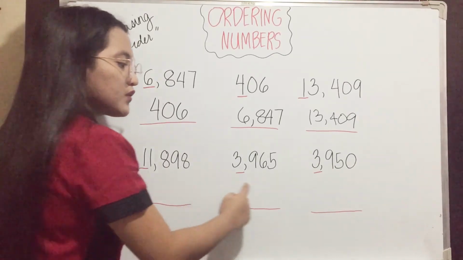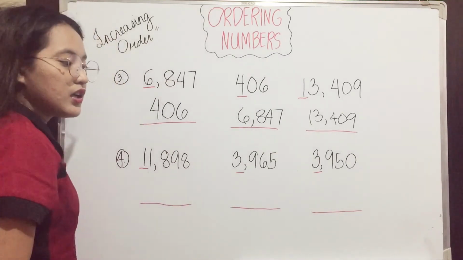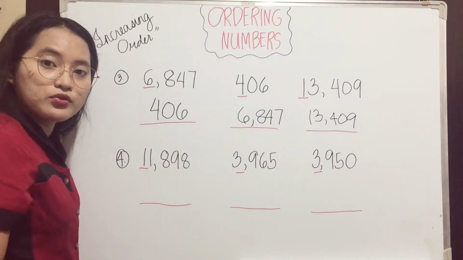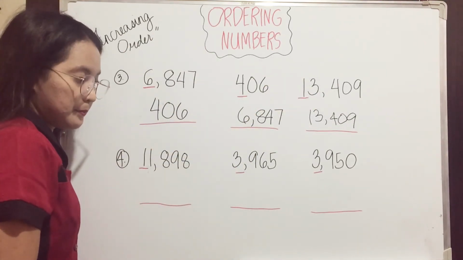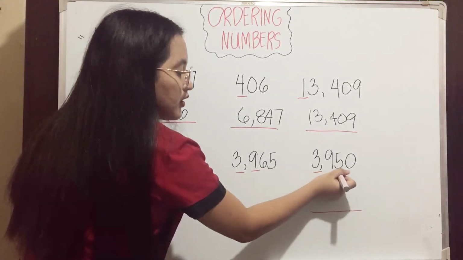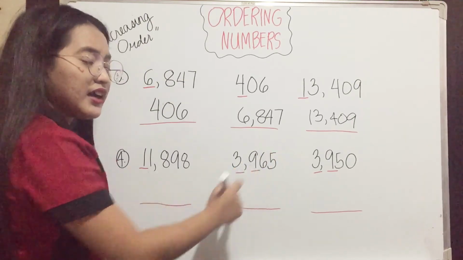Now, let us focus first on these two given numbers. Now, 3 and 3 are the same. So what are we going to do? We will move to the next number. So we have 9 and 9. Now, what did you observe again? 9 and 9 are the same.